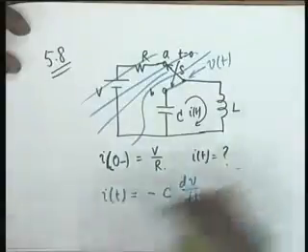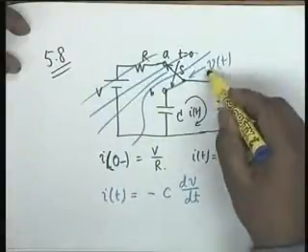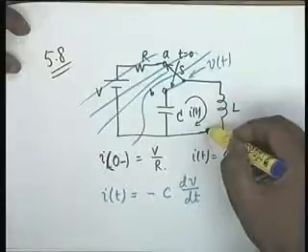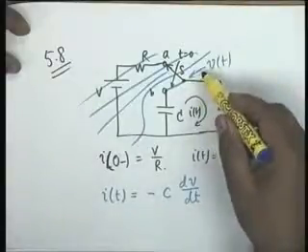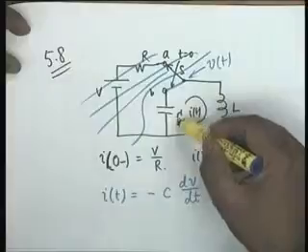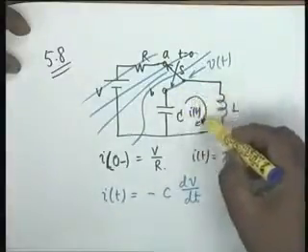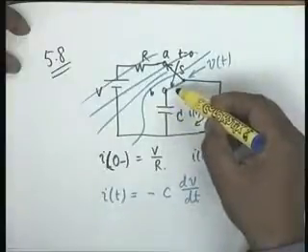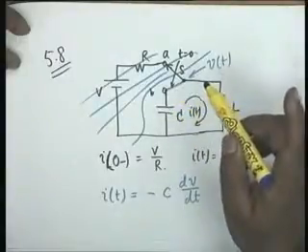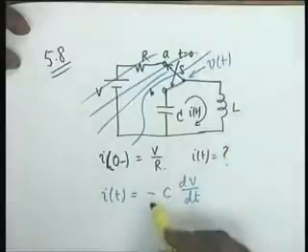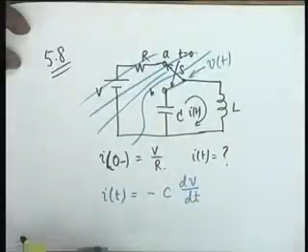Why is it so? Because V is considered positive here and negative here. So the current through the capacitor is in this direction, C dV/dt is in this direction, whereas the current I of t has been taken in the opposite direction. Is that clear? You have to be very careful about this sign. So I of t is minus C dV/dt.